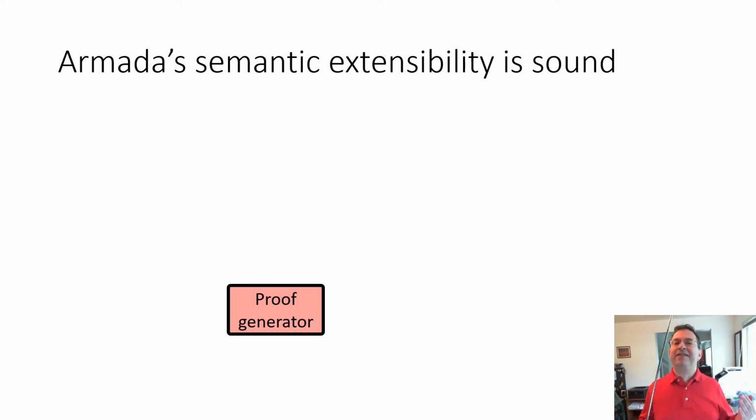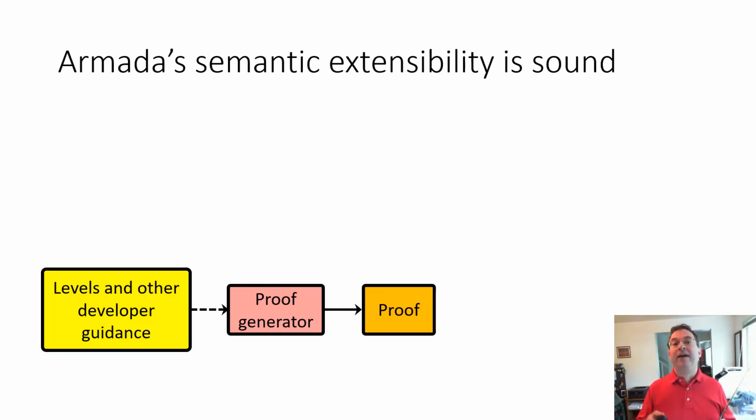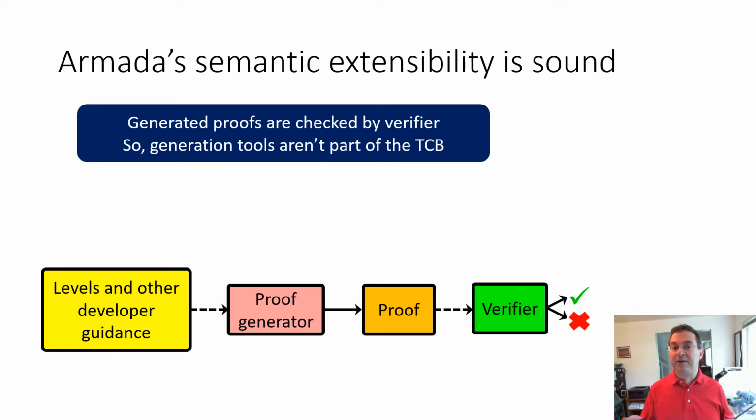But why is that extensibility sound? Well, the proof generator takes input from the developer and produces proofs, but we don't trust those proofs. We require them to be passed to an automated theorem prover, a verifier that will tell us whether the proofs are correct or incorrect. We only accept them if the verifier says they're good. So that means that our proof generator is not trusted, and so our TCB is small.